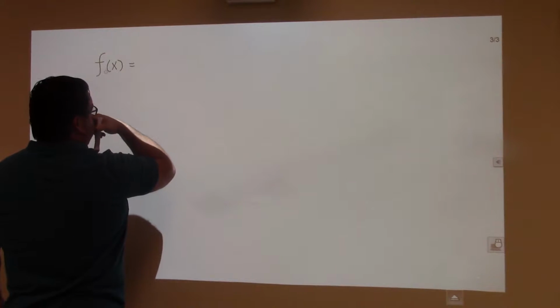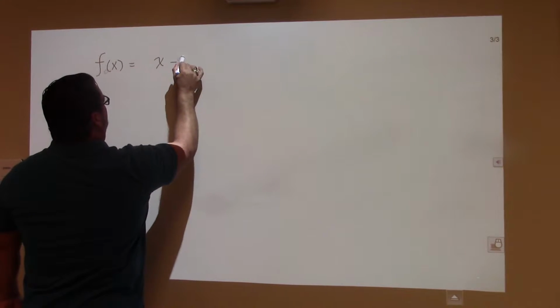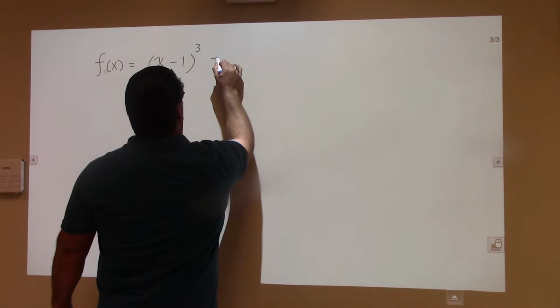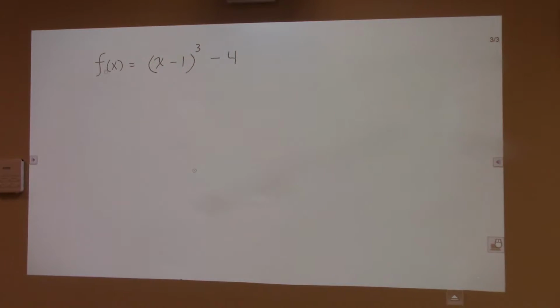How about f of x is equal to x minus 1 cubed minus 4. Go ahead and take a minute and work on that.